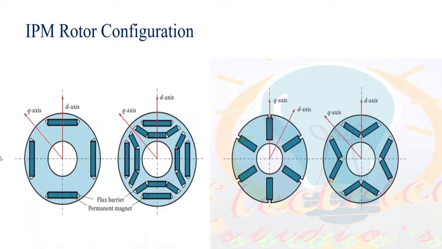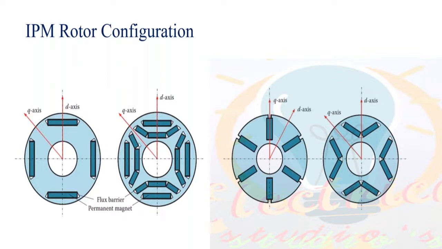Look at the rotor of a permanent magnet synchronous motor, the PMSM motor. This is how it looks. The rotor contains permanent magnets embedded onto it. If you are from electrical, you might be aware that we have two axes on a rotor: one is the direct axis and one is the quadrature axis, the D axis and the Q axis.